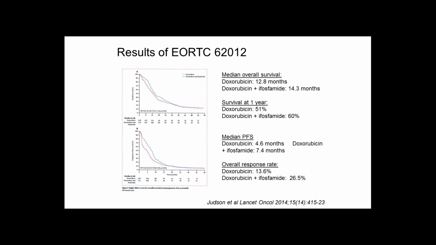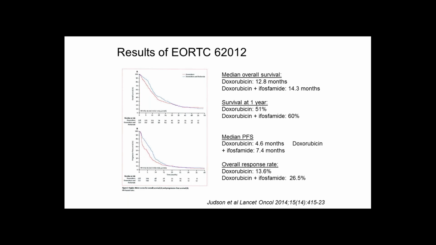But in terms of progression-free survival, the combination had a significantly longer progression-free survival of 7.4 months compared to 4.6 months for single-agent doxorubicin. And in addition, the combination had a significantly higher response rate, so nearly 27% versus 14% for doxorubicin.